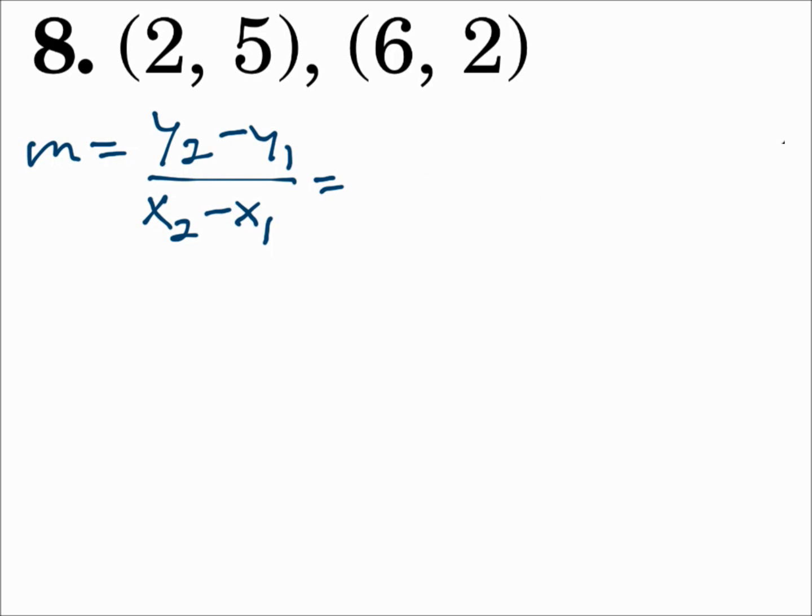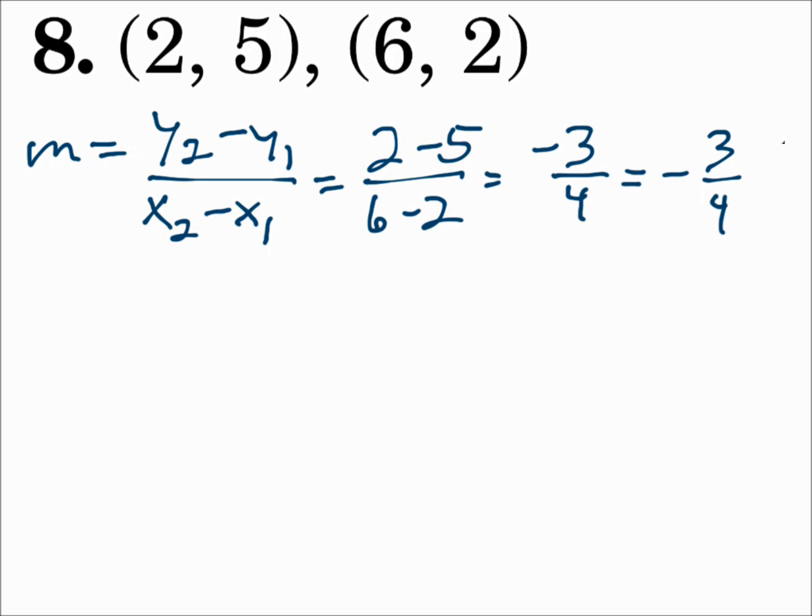Number 8. y2 is 2 minus y1 is 5 over x2 is 6 minus x1 is 2. 2 minus 5 is negative 3 over 6 minus 2 is 4. And a negative divided by a positive makes the whole fraction negative 3/4.